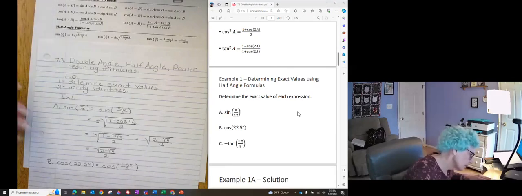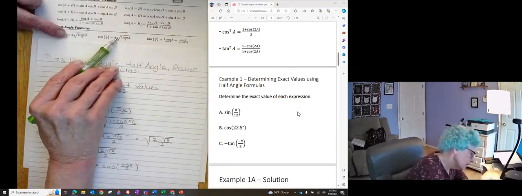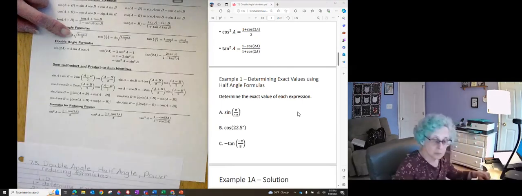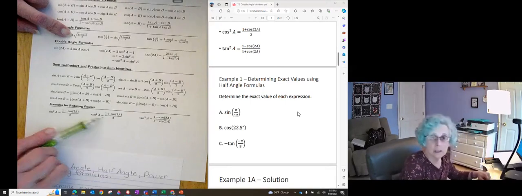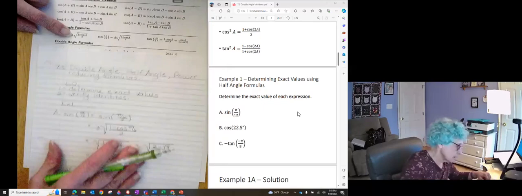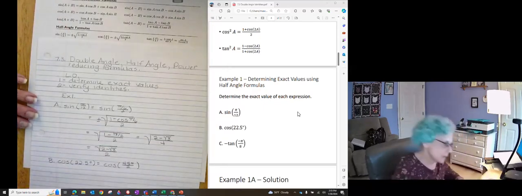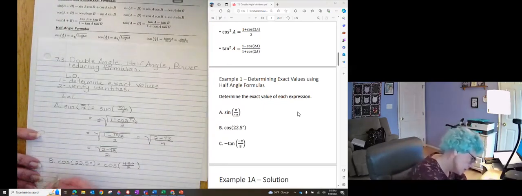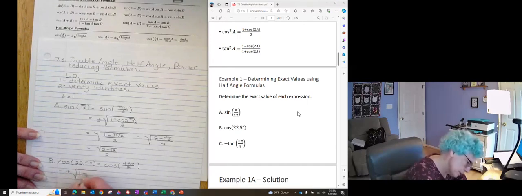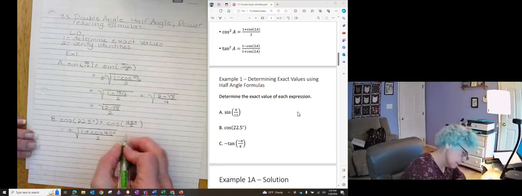So we look up here, and you notice these look a lot like these power reducing formulas, just in the opposite direction. So we have plus or minus square root 1 plus the cosine of 45 degrees over 2.